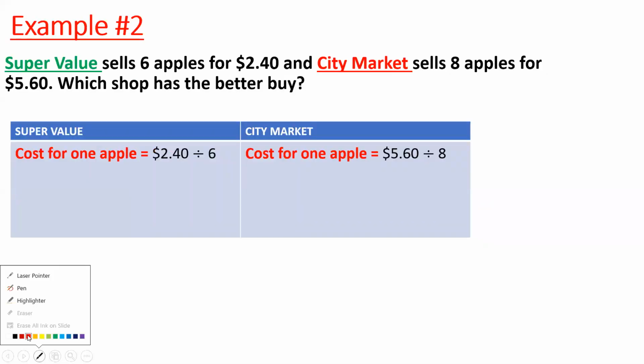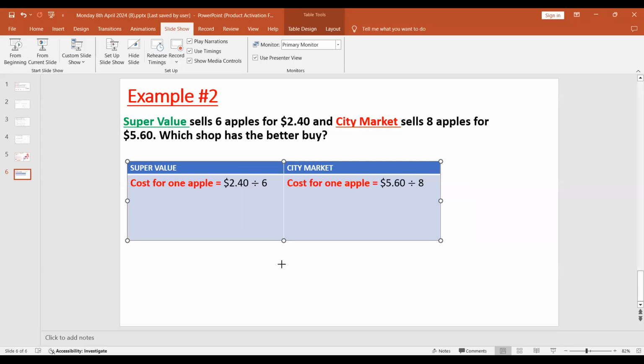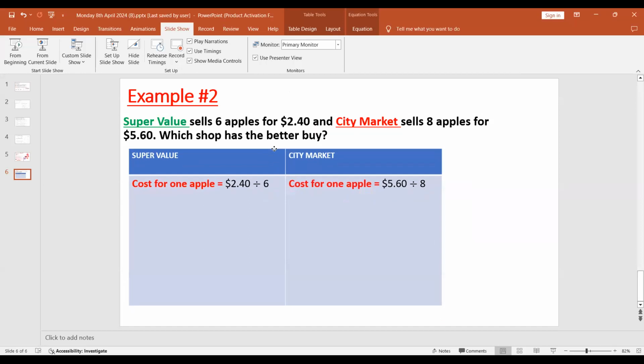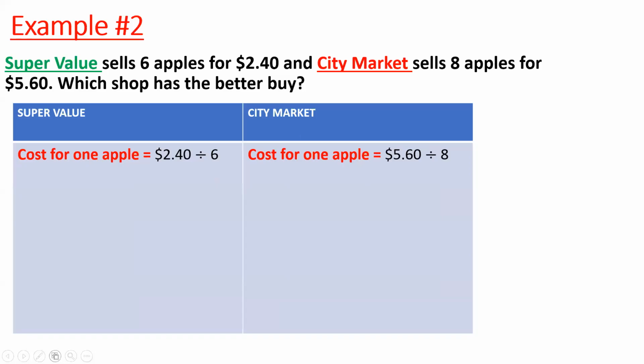I think I should keep it in its respective area, so we can divide it inside. We have 240, and we can divide it by 6.